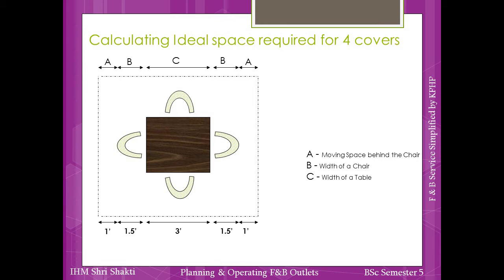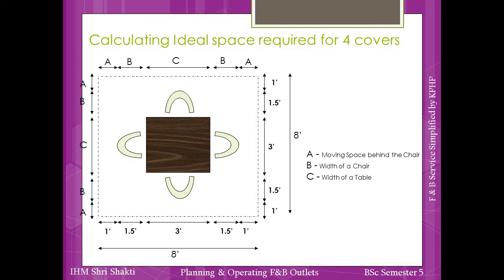Now calculating this, the other side of the square is obviously the same, diagonally the other side is also going to be the same. The total length and breadth of this square area is 8 feet on either side. All sides are 8 feet.